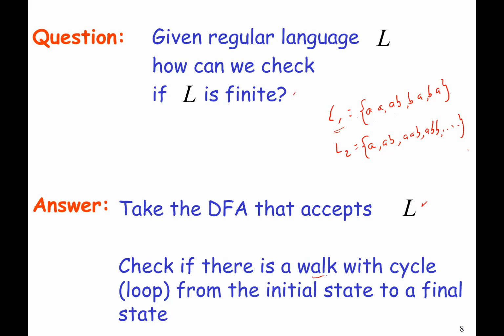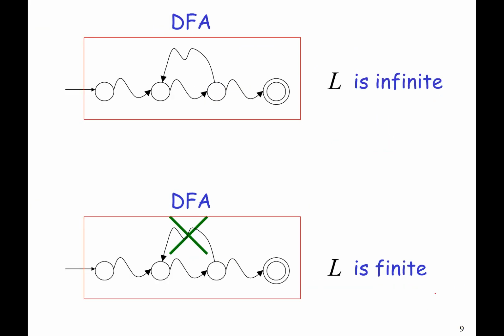This is the underlying aspect. If there is no loop on a path from the initial state to the final state, then there is only a strict path, so we can construct all the strings that go from the initial state to the final state. So this is finite.